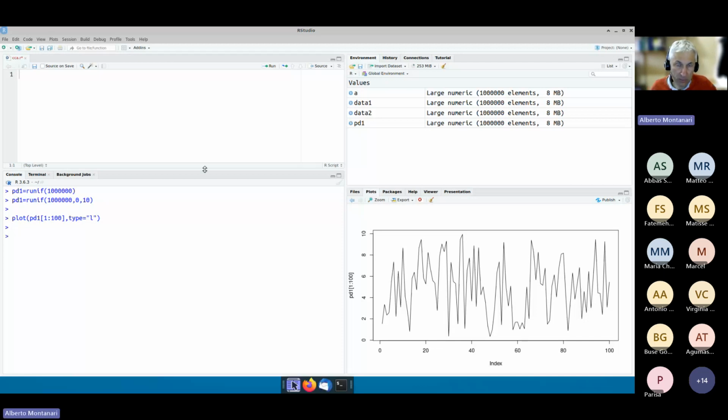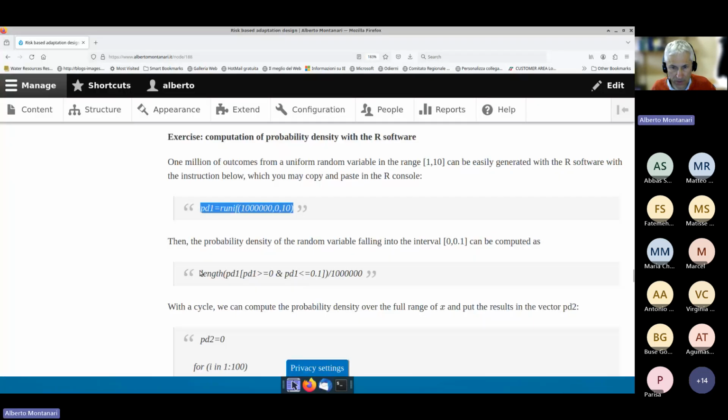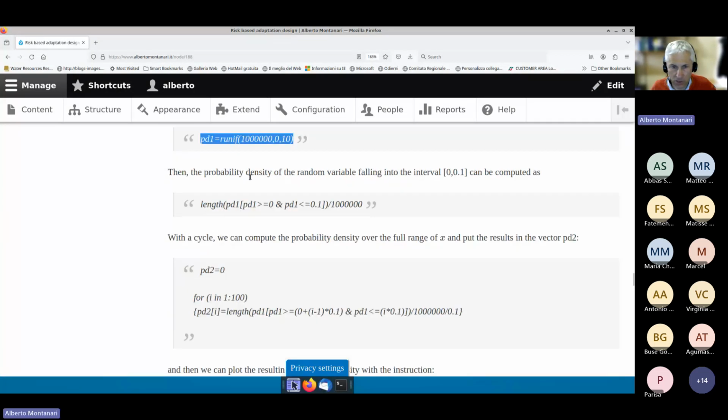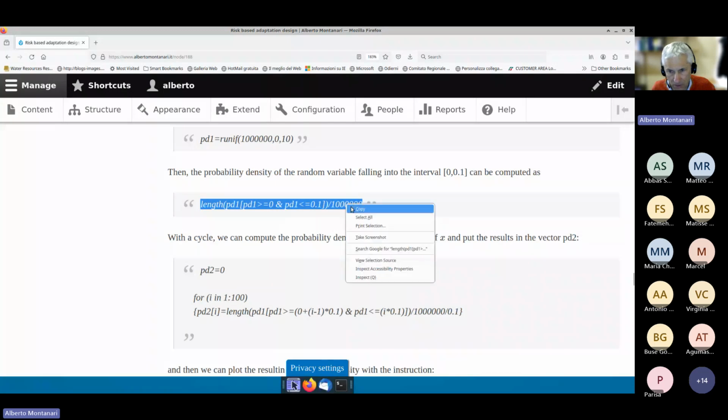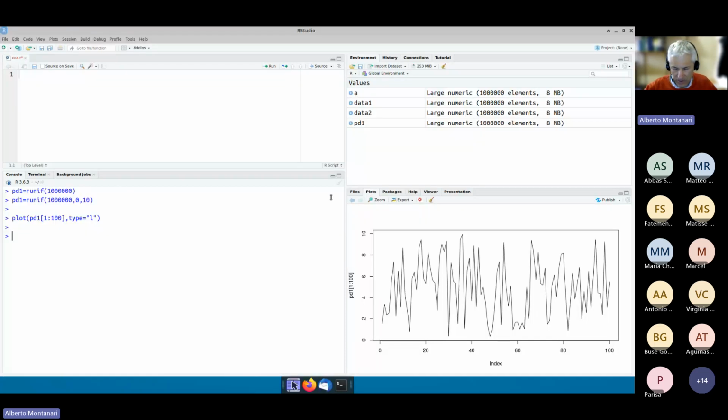Now let me go back to the web page and copy the second instruction. You see here the probability density of the random variable falling into the interval 0, 0.1 can be computed with this instruction. Let me copy it and paste it here, and let's discuss it a little bit. You see here length of the vector.